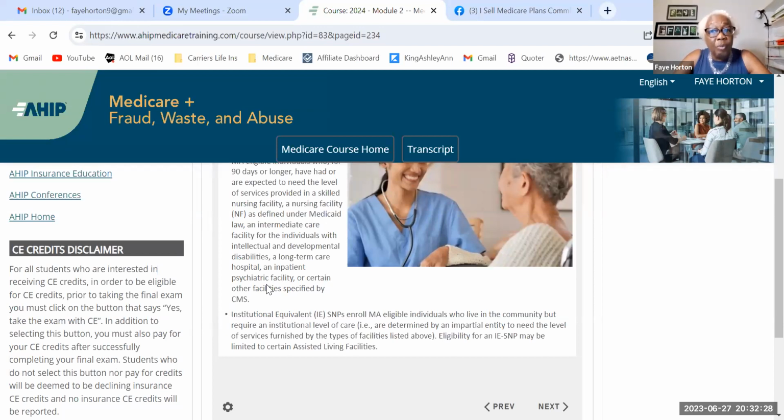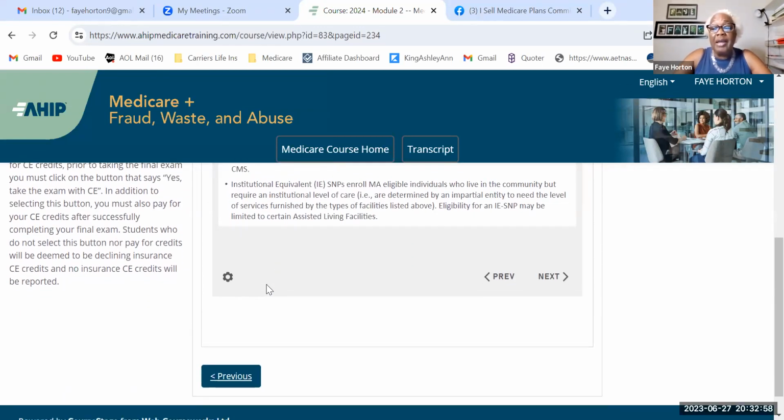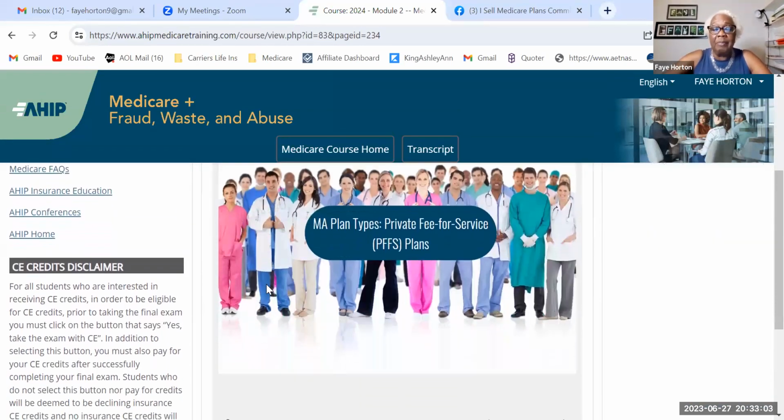Again, you won't probably be enrolling anyone in one of these plans, but you need to know that they are available, because someone may have an I-SNP and then they are no longer required to be institutionalized and they leave the facility. Now they have a special election to get a regular Medicare Advantage or a chronic SNP.